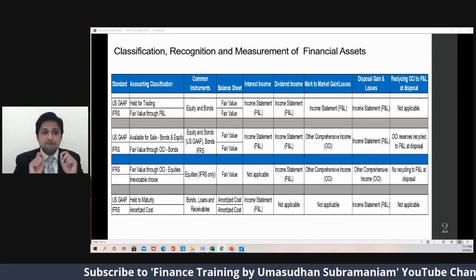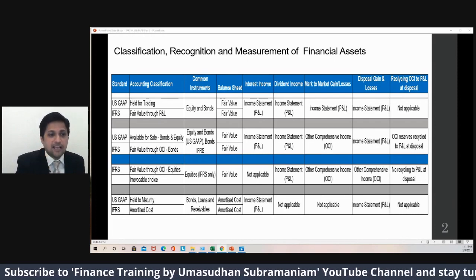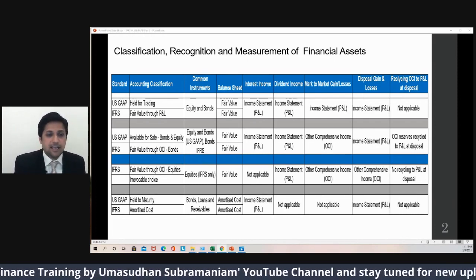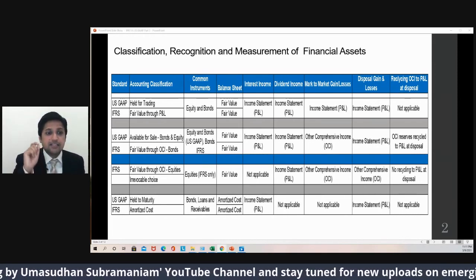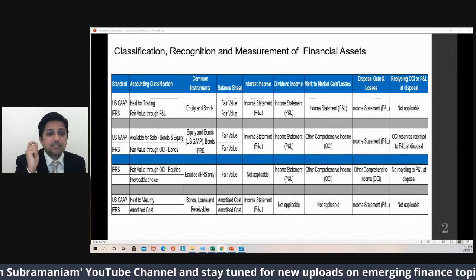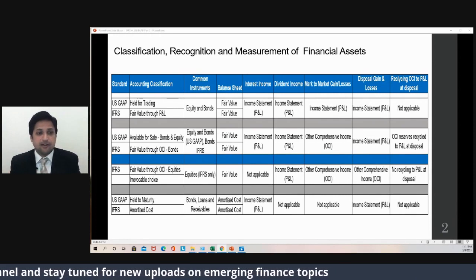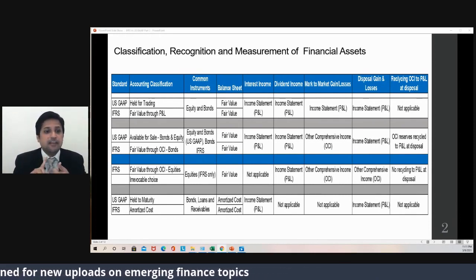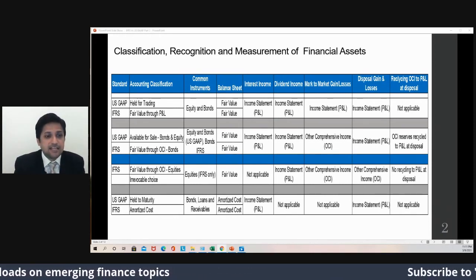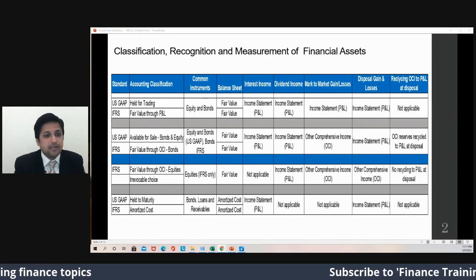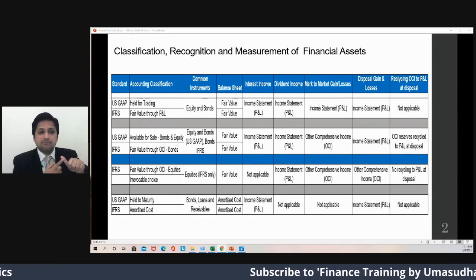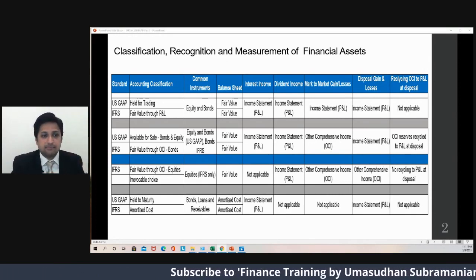So this is something very important for this category of financial assets. But remember, this specific category is prohibited for equity investments in IFRS. But in the US GAAP, available for sale investment category can be applicable for both equity investments and bond investments.